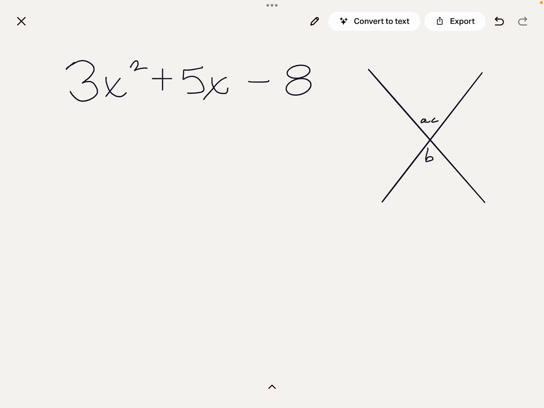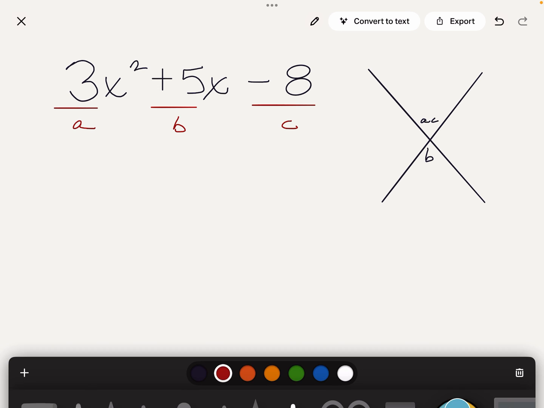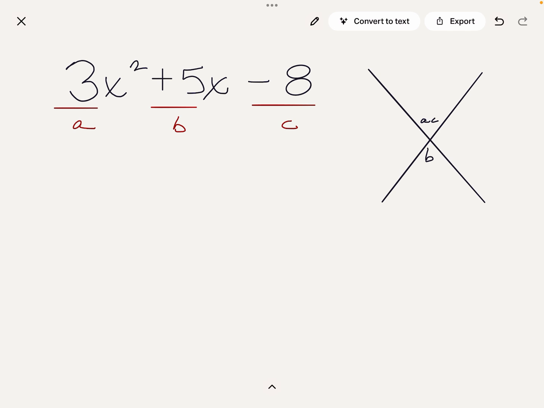And in the top, we're going to put the product of A and C. And then down here, we will put the coefficient on the B term, which is B. So let me make sure we understand what these are.